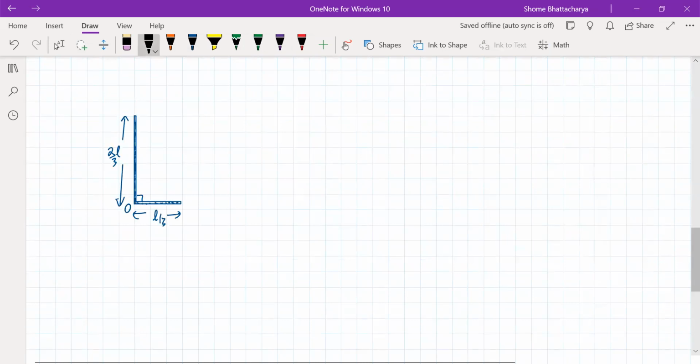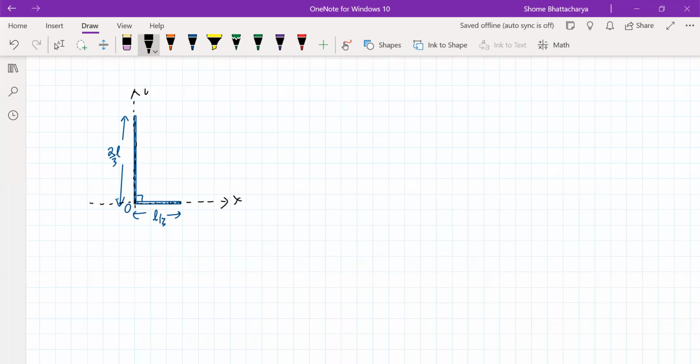If we take our coordinate frame such that this is our x-axis and this is our y-axis, then we will think of this section as having mass m1, which is m by 3, and its center of mass is located at this midpoint. And we'll think of this section as a particle of mass m2, which is 2m by 3, and its center of mass is here.